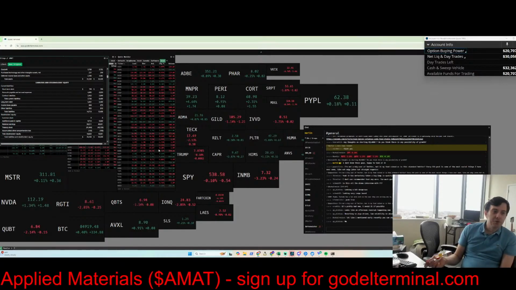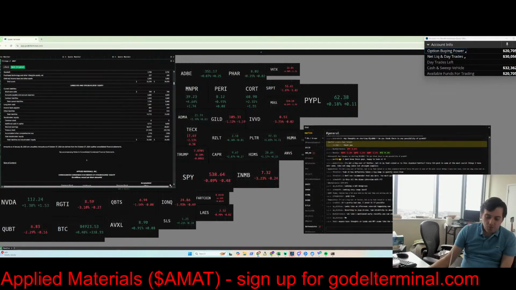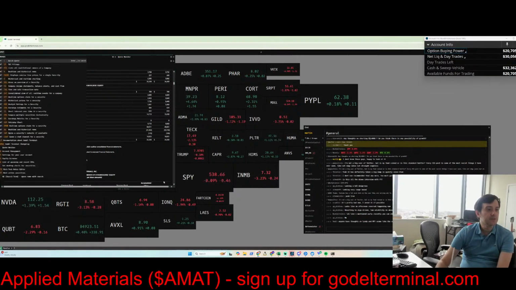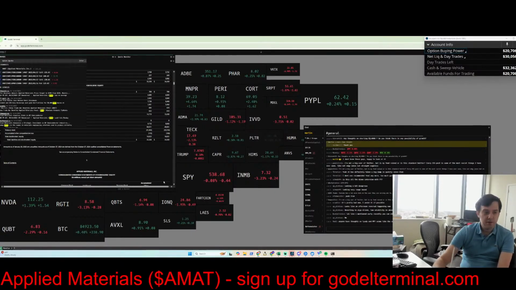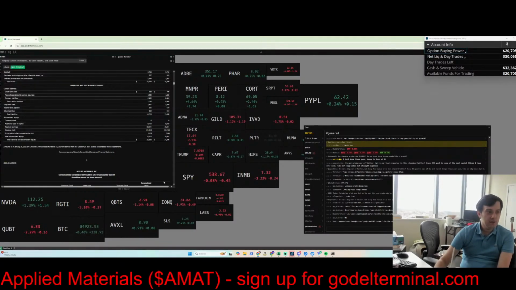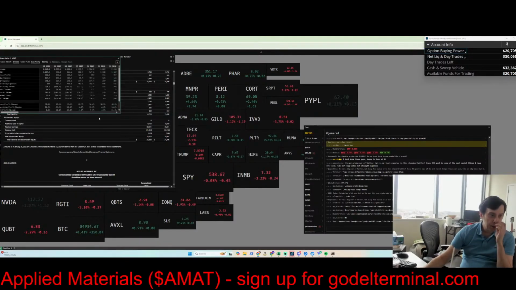Ryan, yeah, you can try godelterminal.com. That's got that. You could do AMAT if you start from scratch. AMAT F8 FA enter, and you can actually download to Excel or JSON.